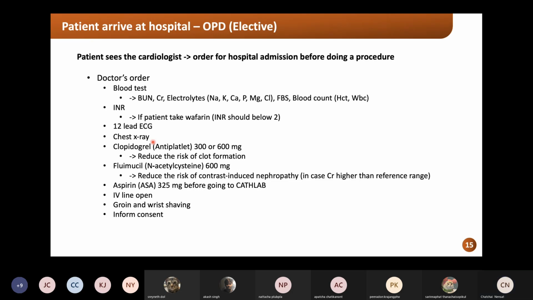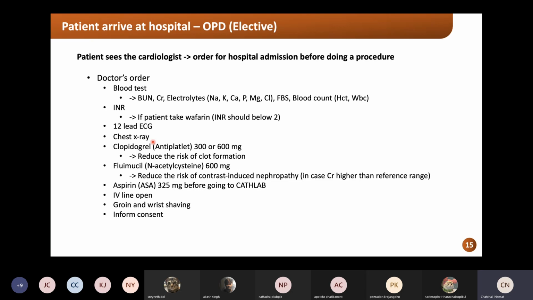And the doctor also orders an IV line open, because we always have to keep the patient's IV line open, in case during the procedure there is some unexpected situation that can happen to the patient, like cardiogenic shock, or hypotension, or bradycardia, or some complication.